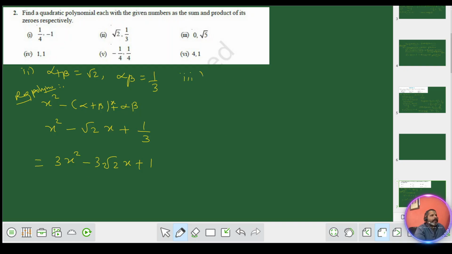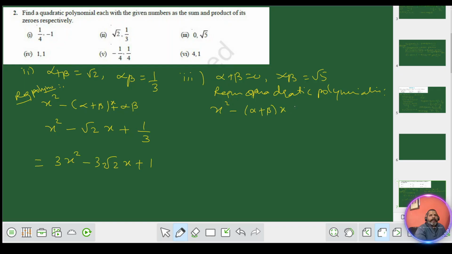Let's see the third one. Alpha plus beta is 0. Alpha beta is root 5. So you write the required quadratic polynomial, okay, is x square minus alpha plus beta x plus alpha beta. x square is x square.